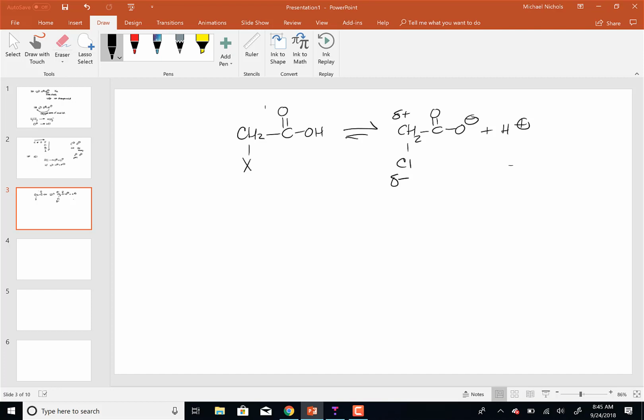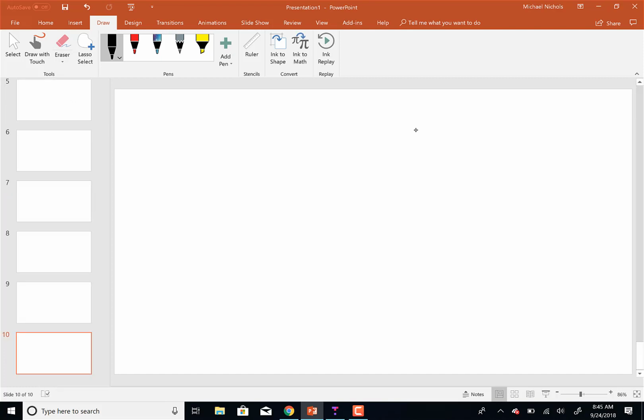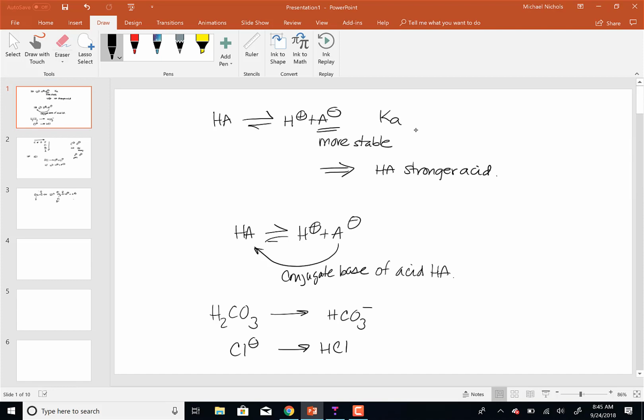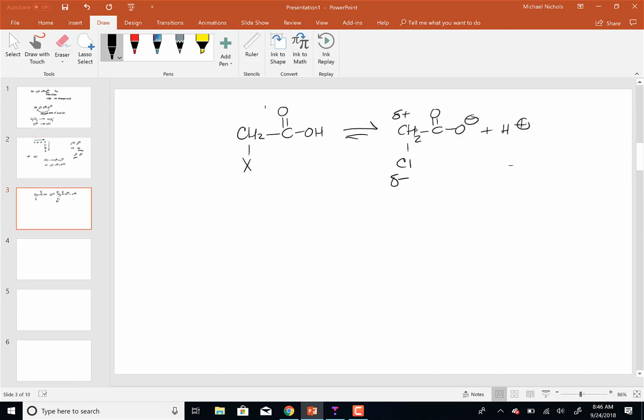How did the chlorine become delta negative? By making the carbon delta positive, by taking away its electron density. So what? What can that delta positive carbon now do with the negatively charged carboxylate? So now we have this carboxylate that's negatively charged. If this is slightly positive, then what can happen is it can begin to suck some of the electron density out of the negative charge, and that's actually going to make it more stable.